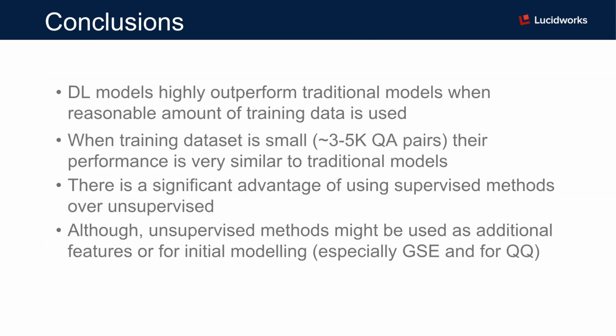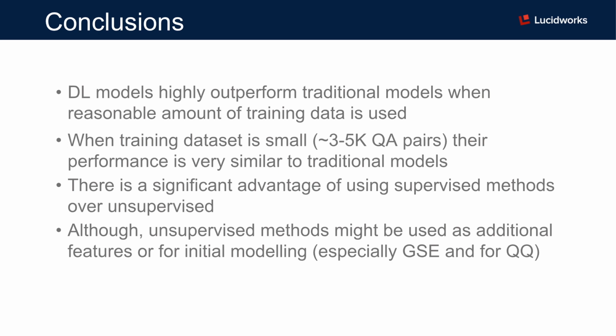To conclude, deep learning models provide much better results than traditional models when you have enough training data. When the training dataset is too small, like 3,000 to 5,000 QA pairs, results are pretty similar, and traditional methods look more attractive as they are less computationally expensive. There is also a huge gap between supervised and unsupervised models.